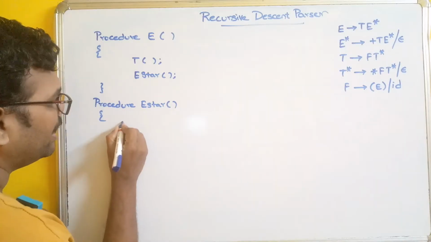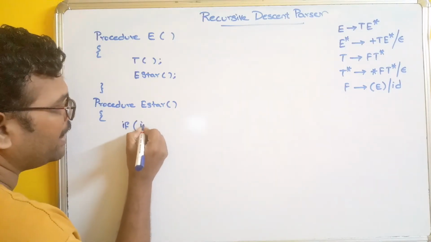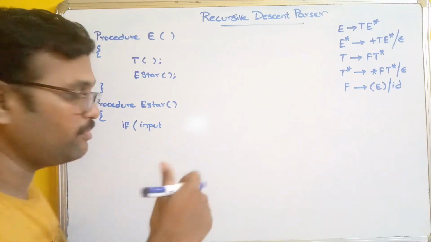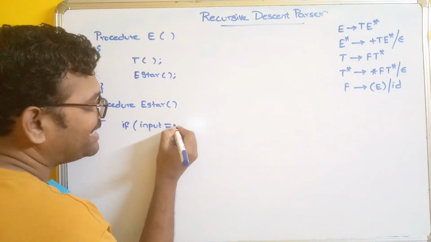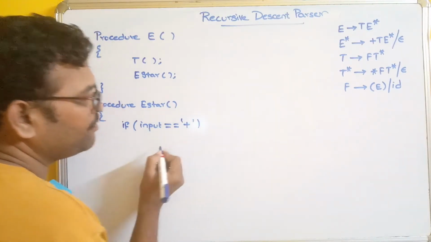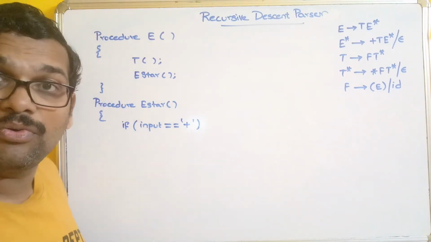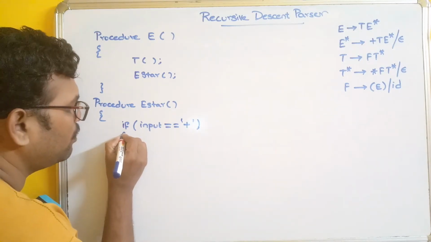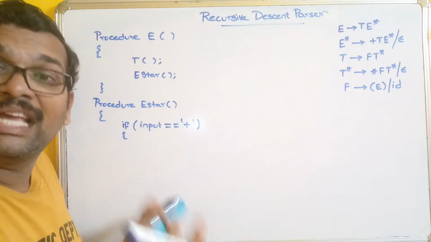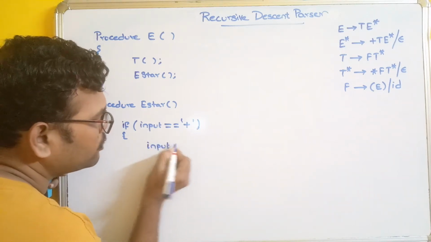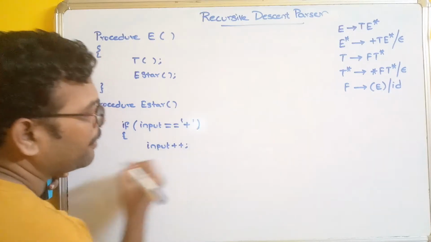So write: if the input from the input string is equal to the symbol plus, what do we have to do? We simply increment the input pointer.